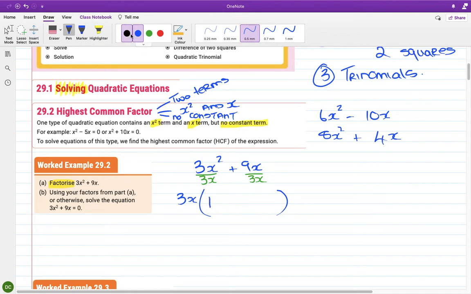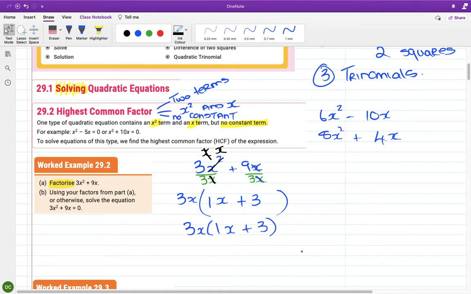And x squared, if you remember, is the same as just 2 x's. So one of these will cancel with the 1 on the bottom, and you're left with 1 behind. The plus is there. 9 divided by 3 is 3, and these x's cancel. So factorized, you get 3x times (1x plus 3).